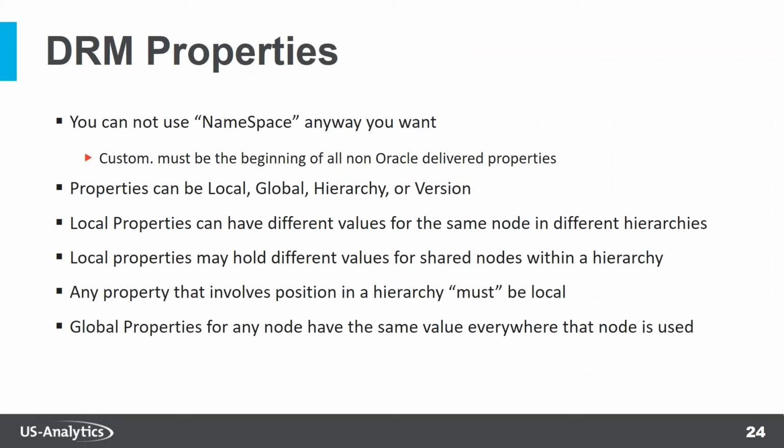A couple things I've seen recently, just so you guys know. You cannot use namespace any way that you want. They introduced this concept back in 11.121 when we got the web version of DRM. It's some dot notation that goes in front of a property name.